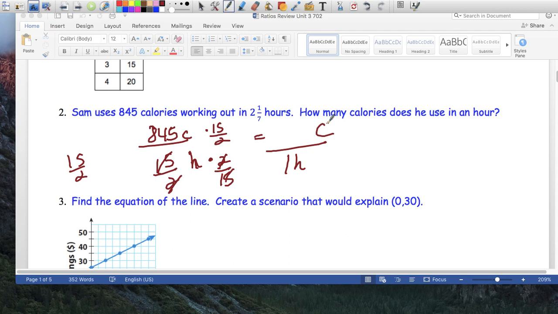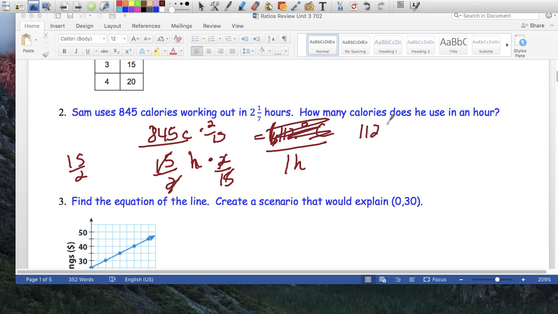I don't have a calculator, so I'm not going to look for one right now. 845 times 15 equals, divided by 2 equals 6,000. Nope. Something's wrong. Oh, that's because I used 15 over 2. It's supposed to be 2 over 15. Sorry. Let's try this again. 845 times 2 equals, divided by 15 equals 112.66666, which tells me it's going to be a fraction.